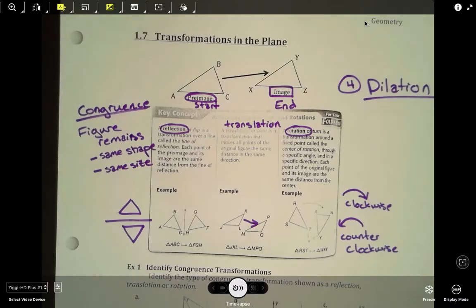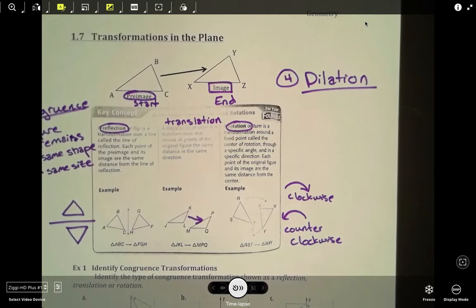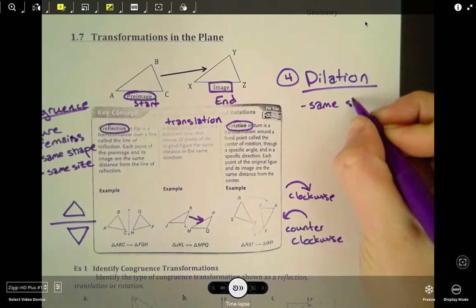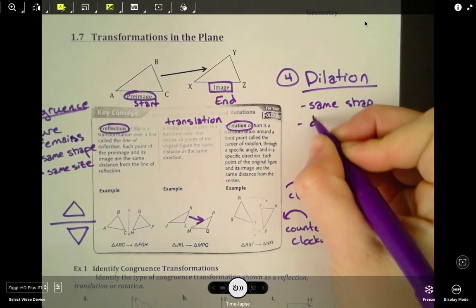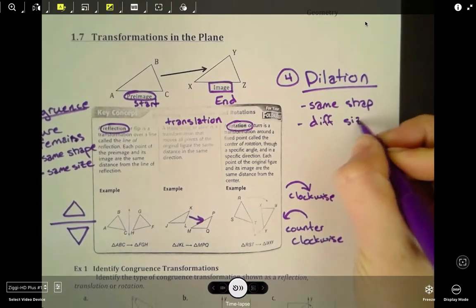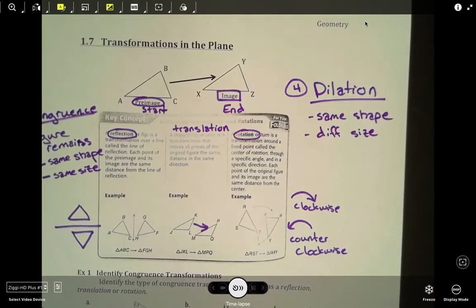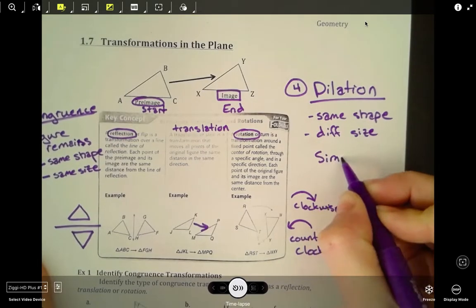Does it stay the same shape and same size for a dilation? No. It stays the same shape but different size. Now, what is that called when it's the same shape but different size? It's not congruent anymore. Have we talked about the word similar before?